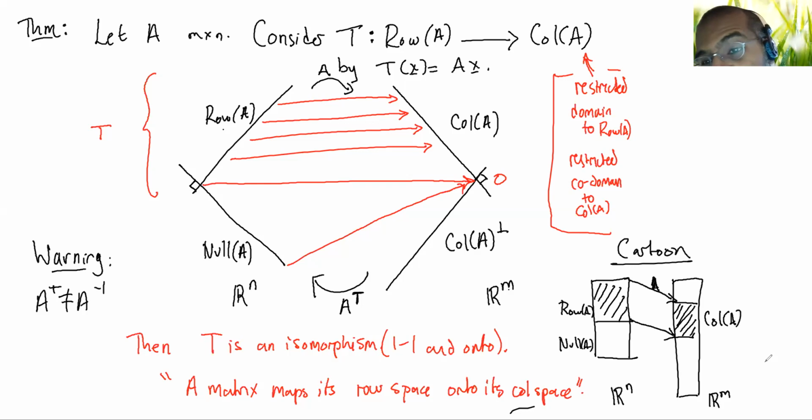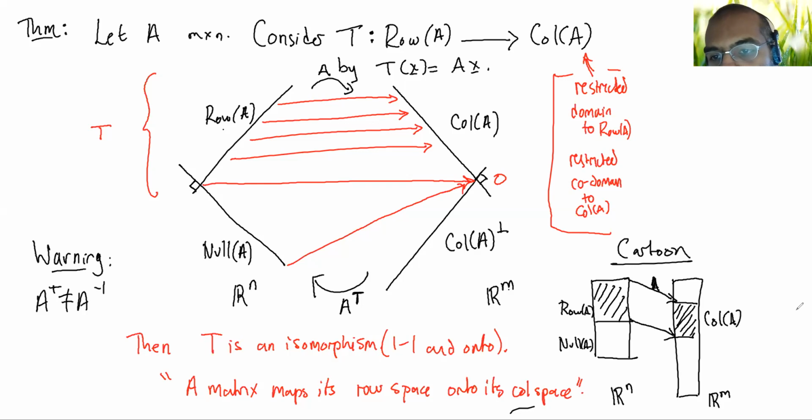And the standard vectors may not be in there. So asking about a standard matrix for T actually doesn't make sense, because the domain is not R^n. It's some other vector space. So you need to find a basis for the row space. Does that answer the question? This will not be on the midterm.